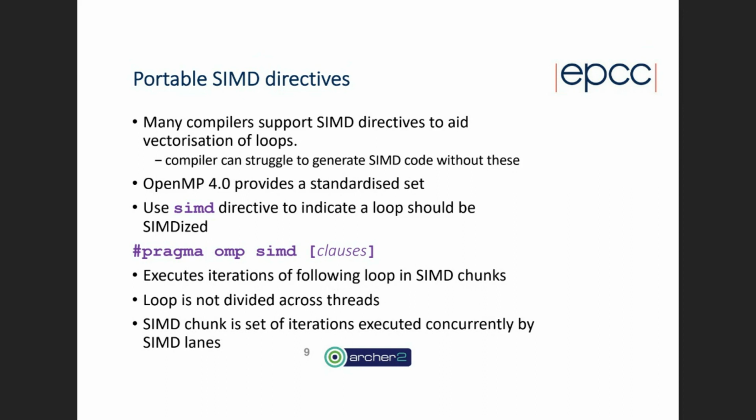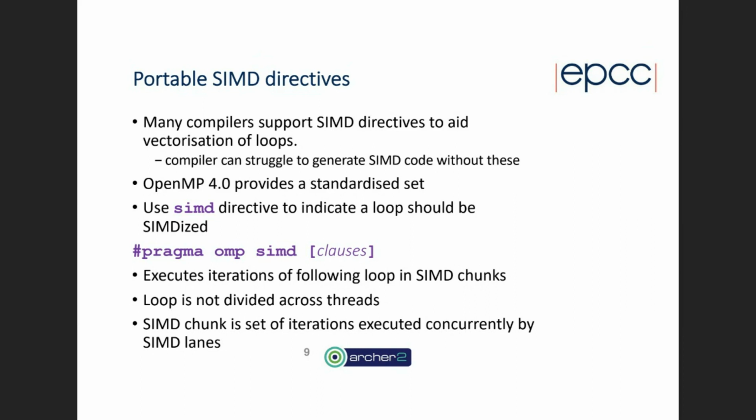So the rationale here is that many compilers support their own, or used to, and still typically do, their own set of SIMD directives to aid the vectorization of loops. This is because the compiler can typically struggle to generate SIMD code without you providing some additional information about the code, about the loop. So OpenMP provides a standardized set of these, which hopefully will be portable across all compilers.